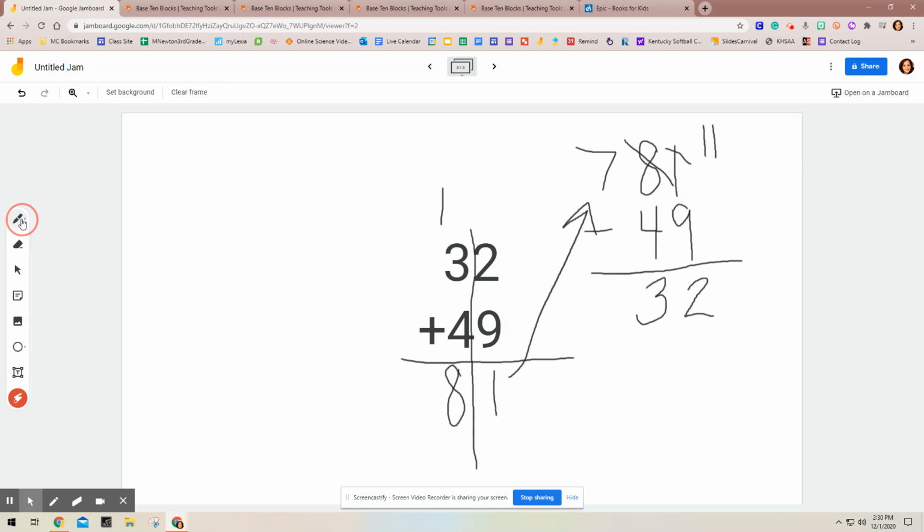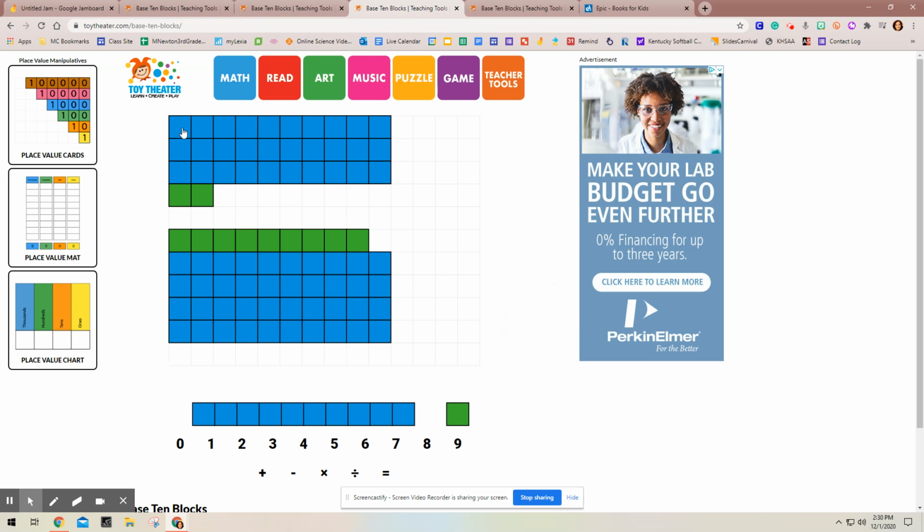Perfect. Now, how do we regroup and why do we borrow? Let's look at our base 10 blocks for 32 plus 49. Here is 3 groups of 10 and 2 ones. And here we've got 4 groups of 10 and 9 ones. So I'm going to put my numbers on here. So I've got 49 plus 32. So here we've got our ones.